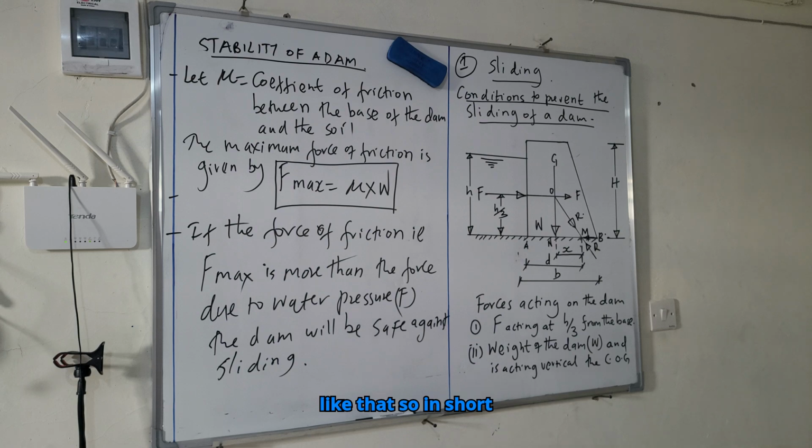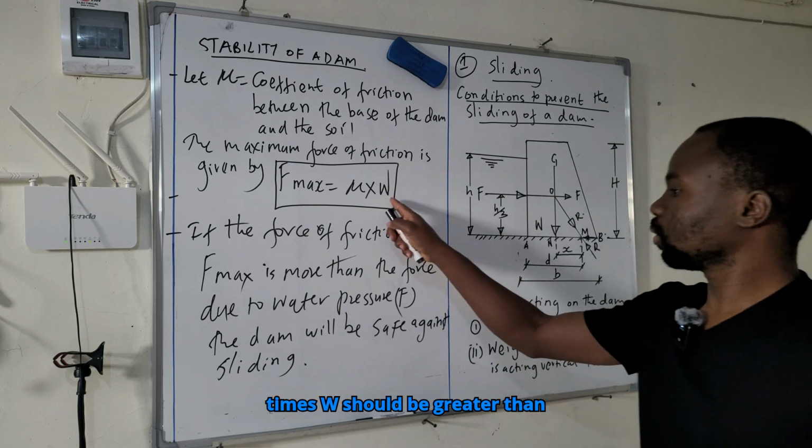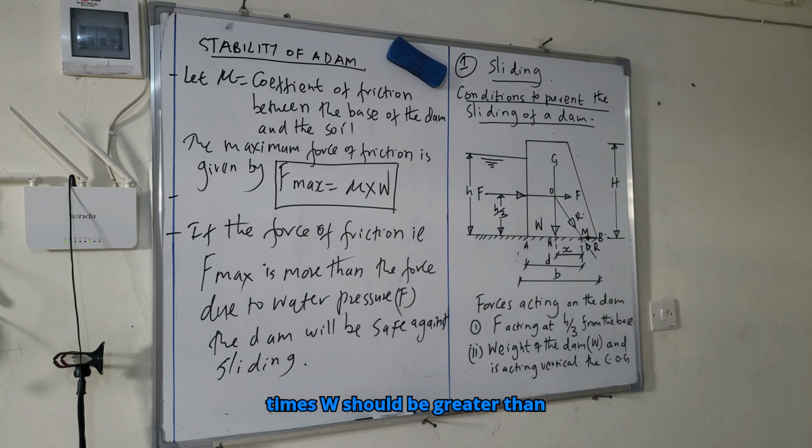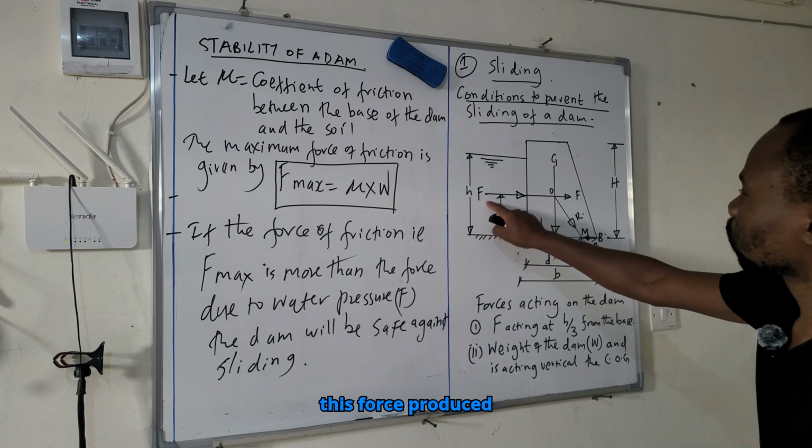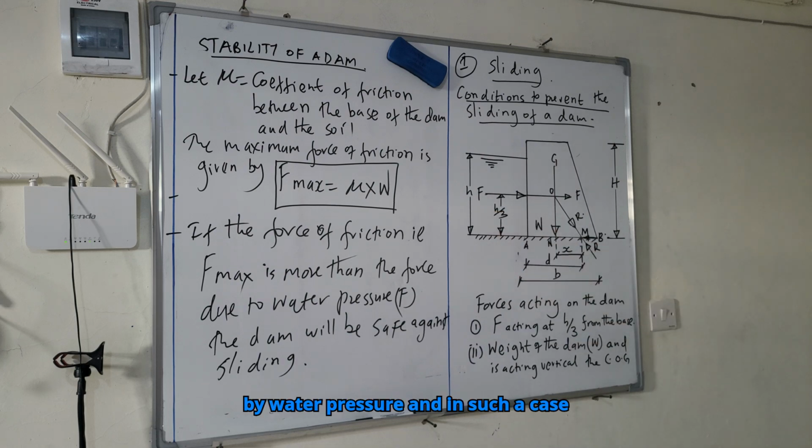Like that. So in short, the F max, which is mu times W, should be greater than this force produced by water pressure. And in such a case, the dam is safe against sliding.